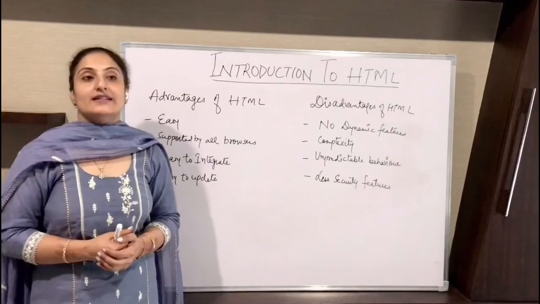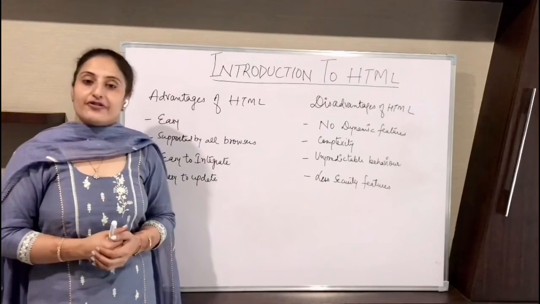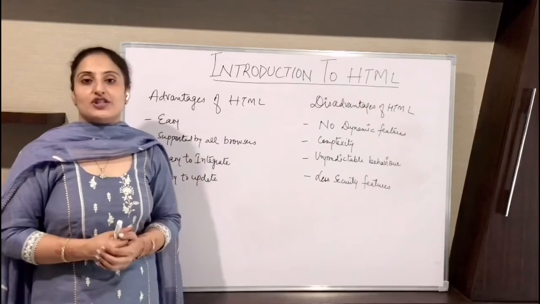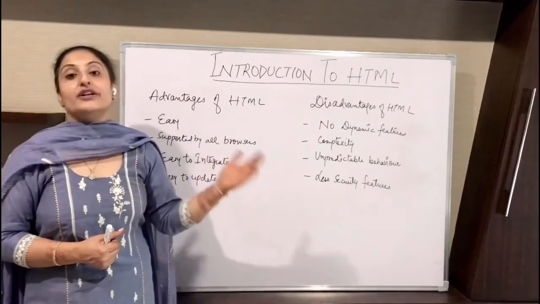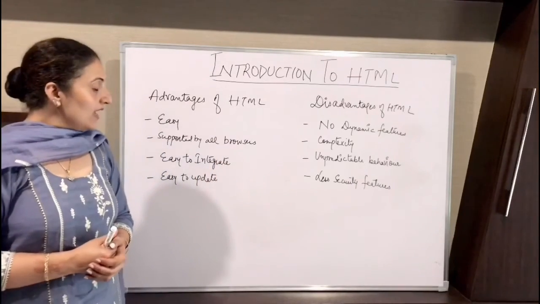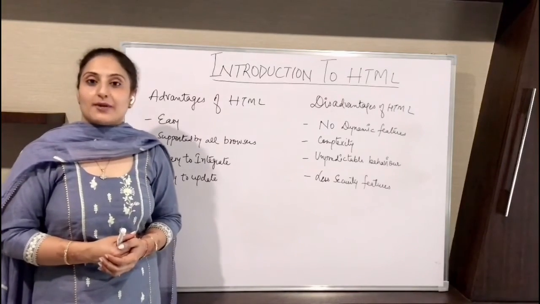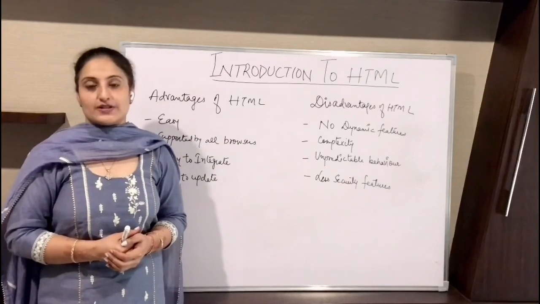It means that some tags within HTML behave differently on different browsers. That means the same HTML page can be viewed in a different way on a different browser. Lastly, we can say that HTML does not support any strong security features.